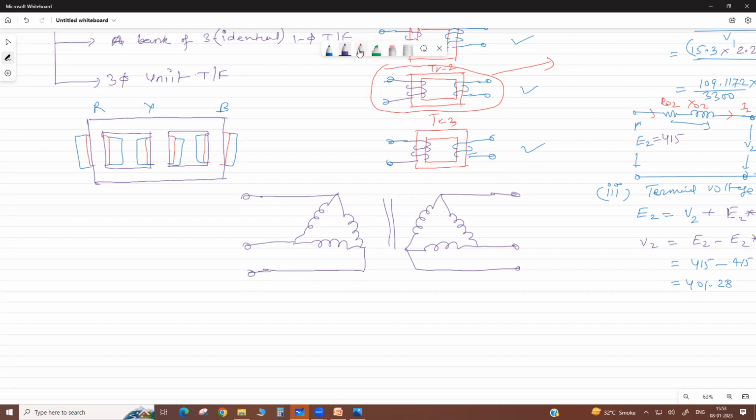So in delta, suppose this is transformer B, means B phase. This is used for R phase, this is used for Y, this is B. Suppose the Y phase is gone, this winding we have to remove. Correct?